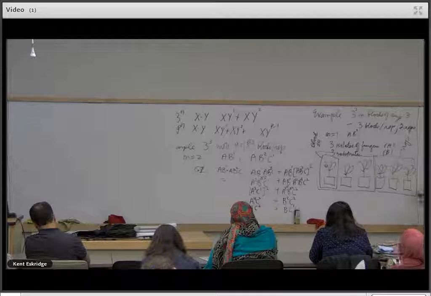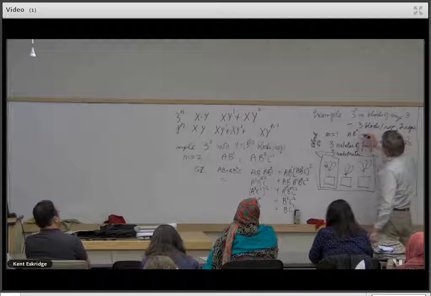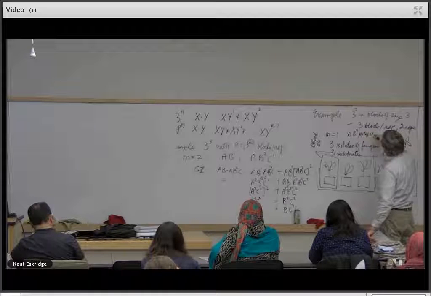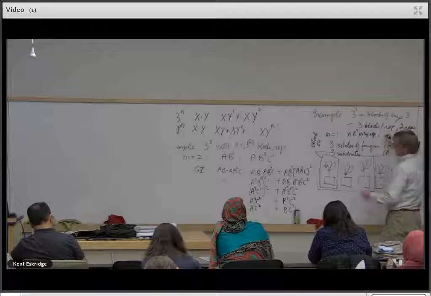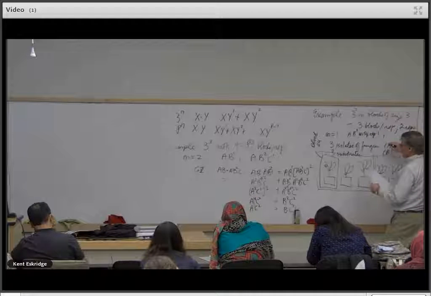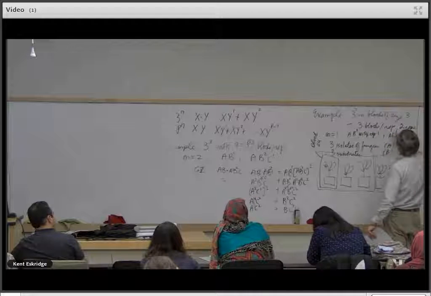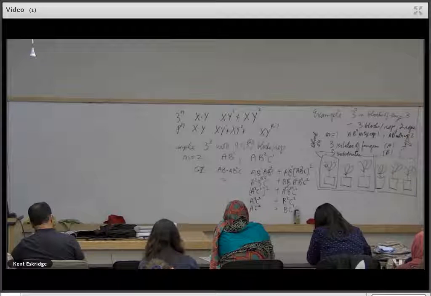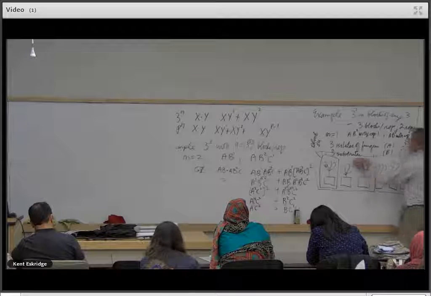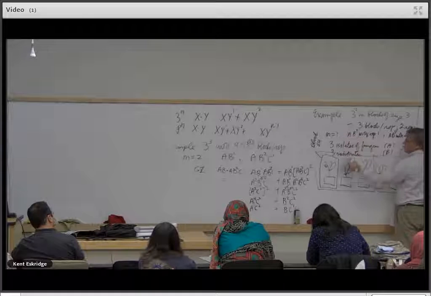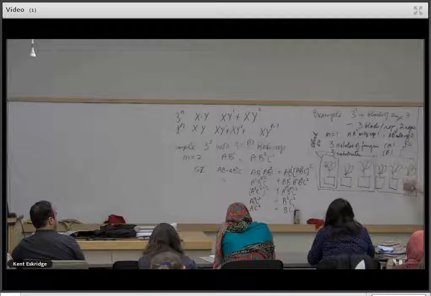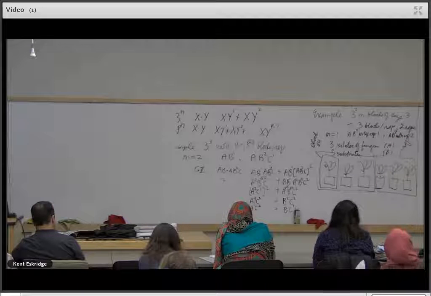So I can confound AB2 with rep 1, and AB1 with rep 2. So for this first rep, I'm going to confound the interaction AB2 with blocks, and the second rep, I'm going to confound AB1.